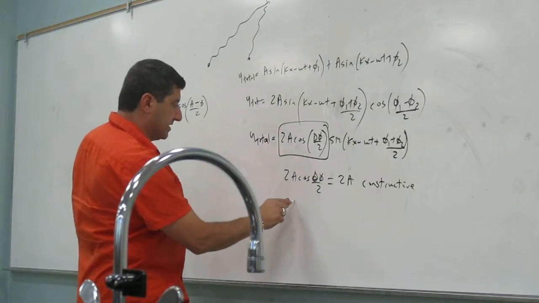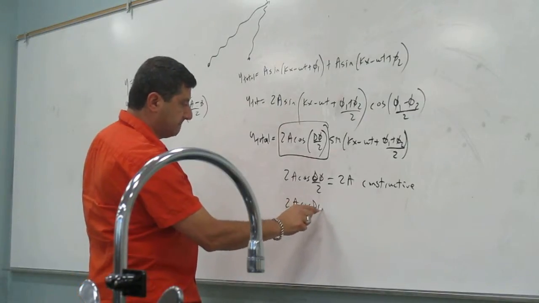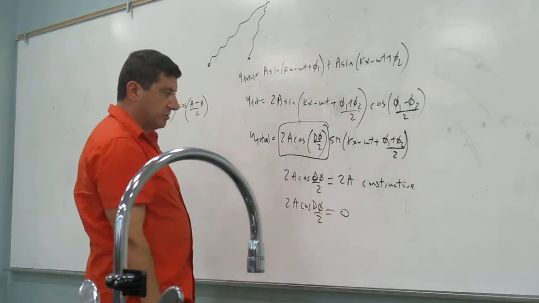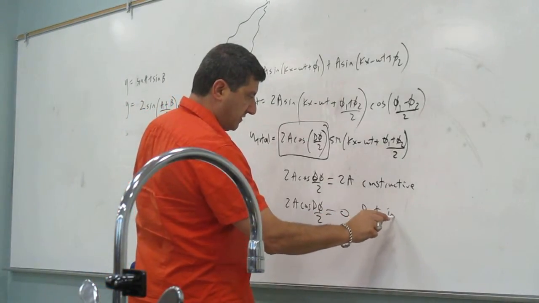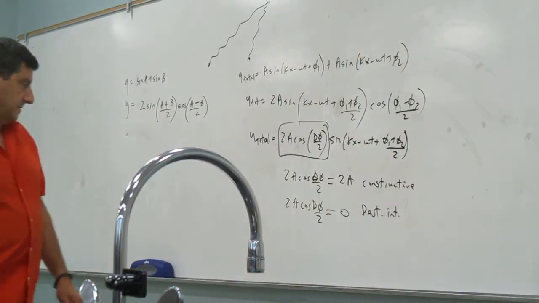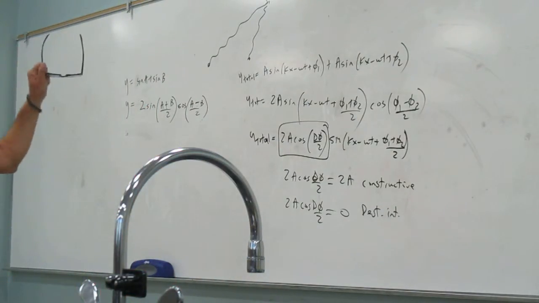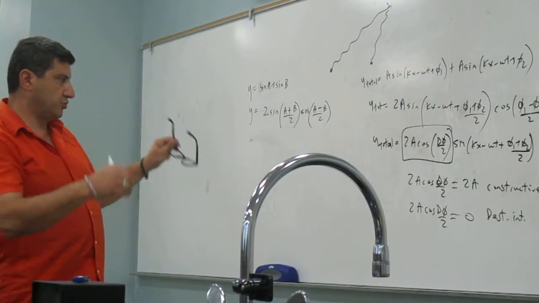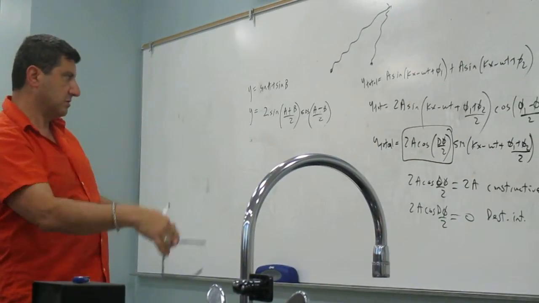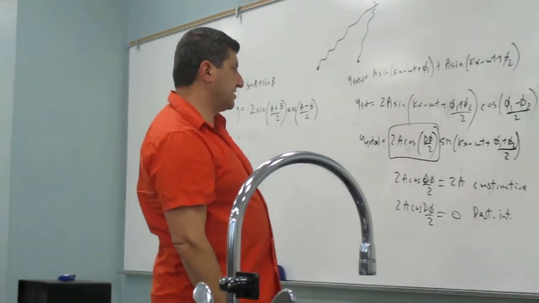The other one is destructive interference, which means 0. It's nice to review this while we've already done it, just to really have it down. Then you ask, what is the condition for that?